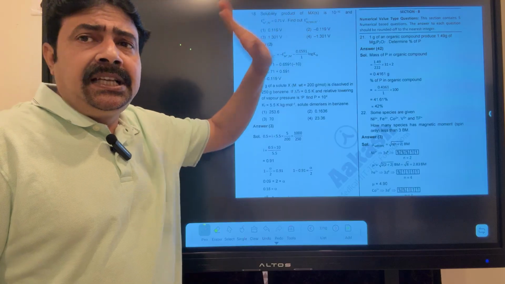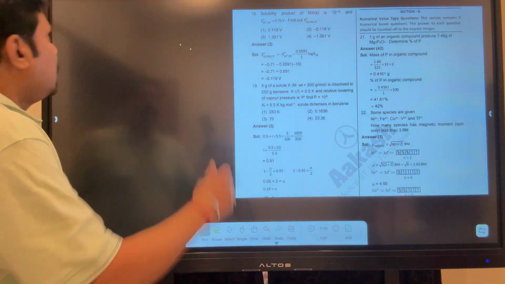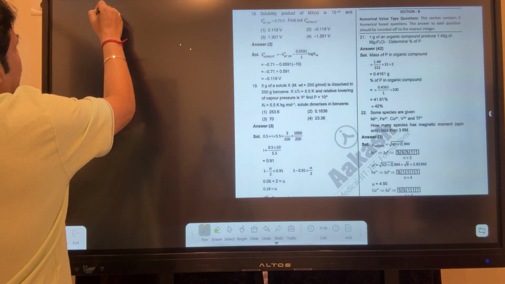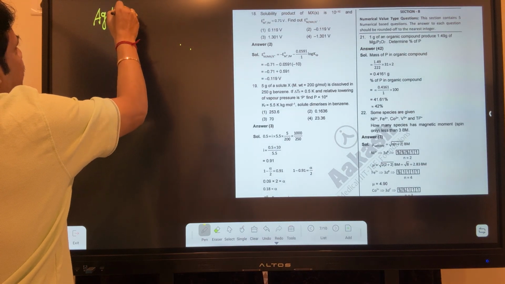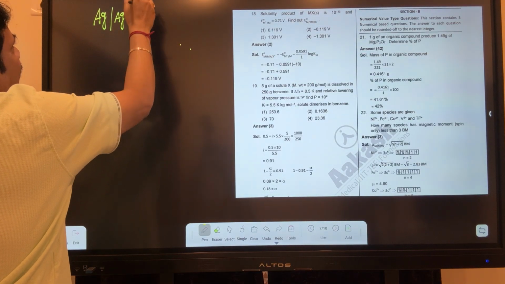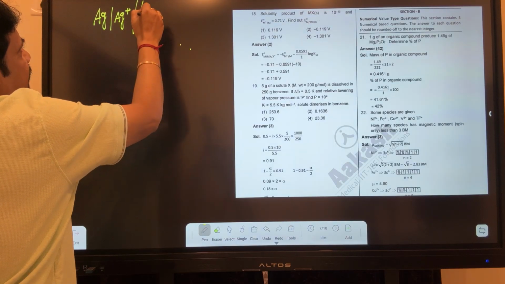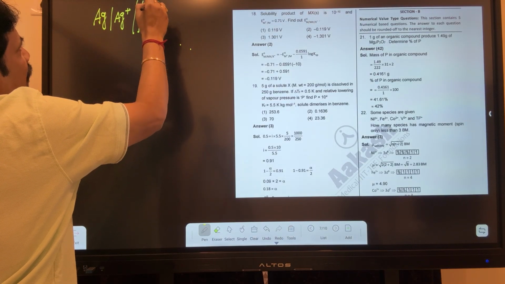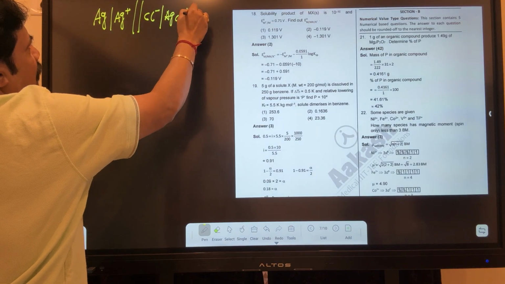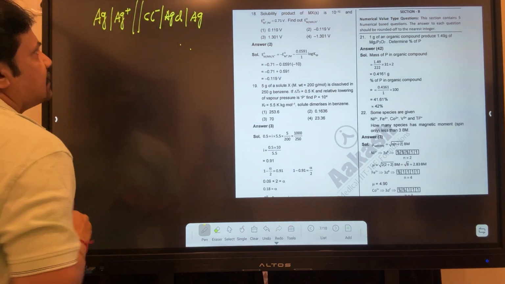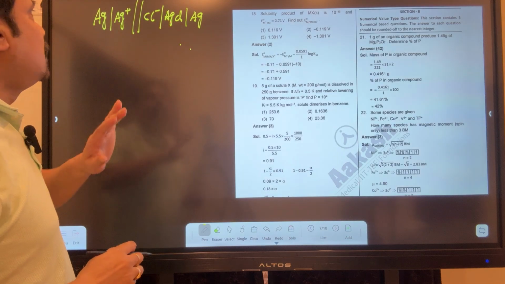But here we need the galvanic cell concept. In the galvanic cell I am taking one anode and one cathode. At the anode I take Ag to Ag plus, then a double dashed salt bridge, and here I am using a soluble anion, sparingly soluble or insoluble salt, and a metal acting as the cathode.